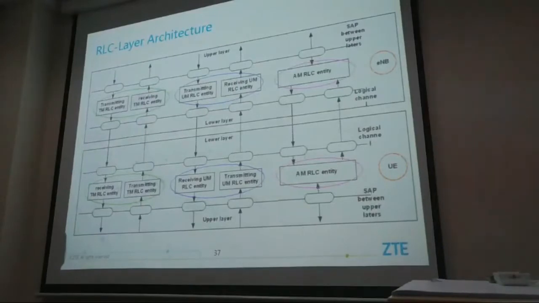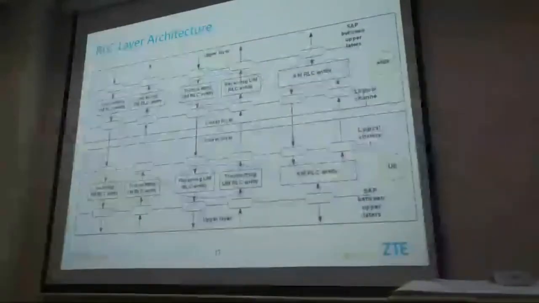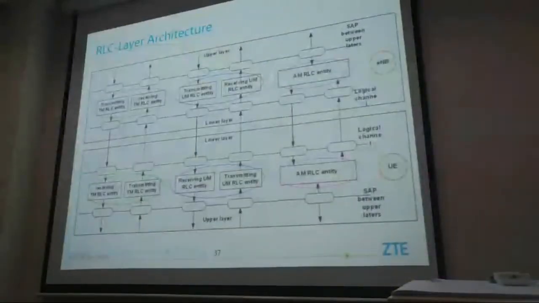And for RLC, we know that in the MAC layer, some information is just transparent. I just transmit it, I don't process it, right? In the RLC layer, it's the same. We also have some information that we just transmit and don't process.